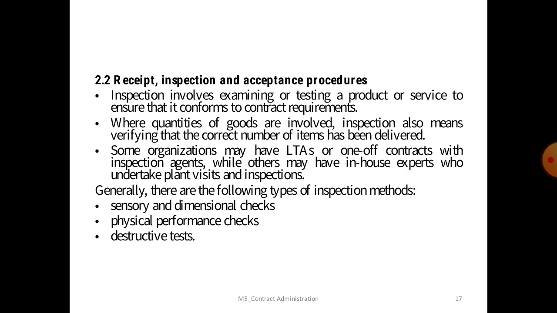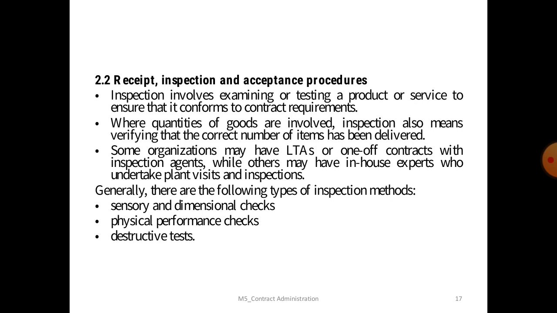Now another subtopic is receipt, inspection and acceptance procedures. So inspection involves examination or testing of a product or a service to ensure that it conforms to the contract requirements. Where quantities of goods are involved, inspection also means verifying the correct number of items has been delivered.